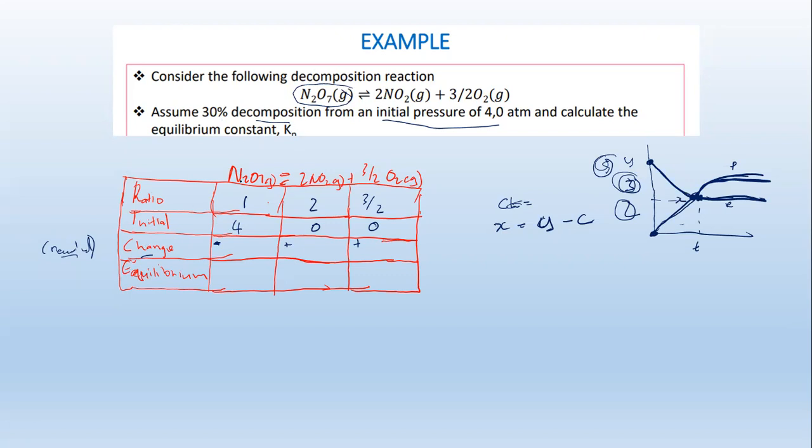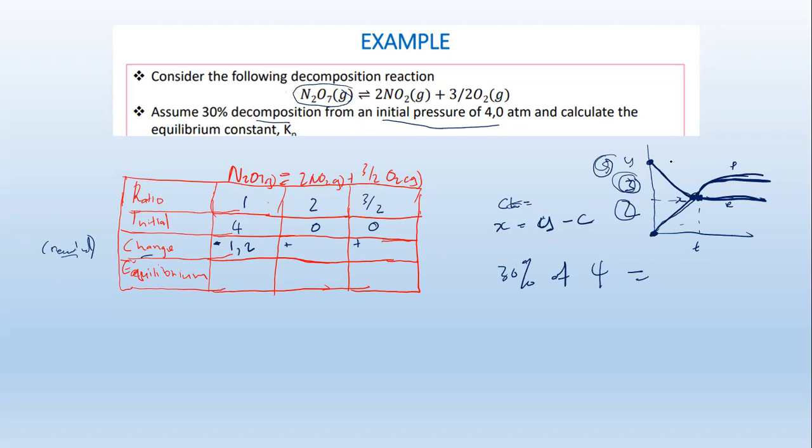So we're going to determine 30% of the initial pressure, which is 4. On my calculator, 0.3 multiplied by 4, and I get 1.2.